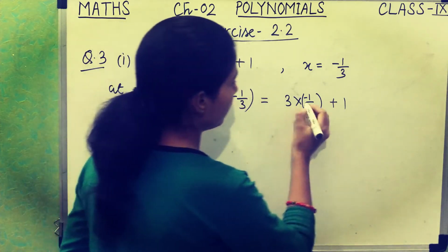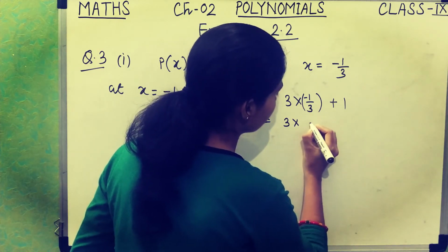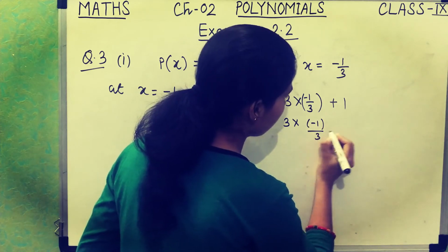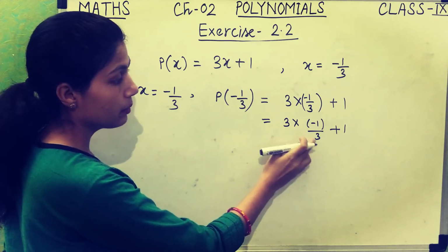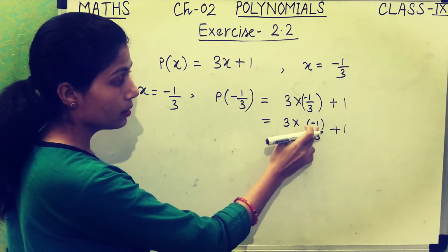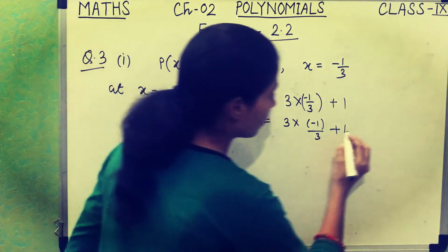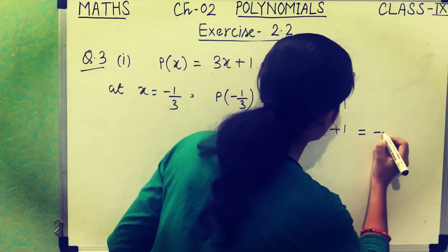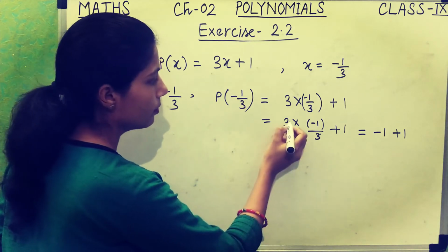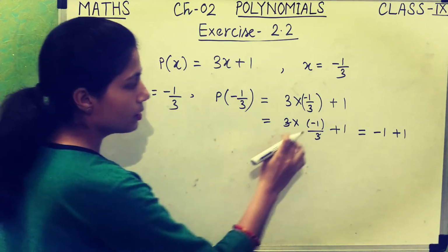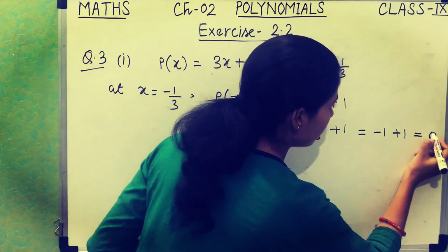Okay, so it will be 3 into minus 1 upon 3 plus 1. Now see, 3 is the numerator, it is multiplying with the rational number that has denominator 3. So 3 will cancel with 3. Okay, so it will remain as minus 1 plus 1. Only left minus 1 plus 1, so it will be 0.